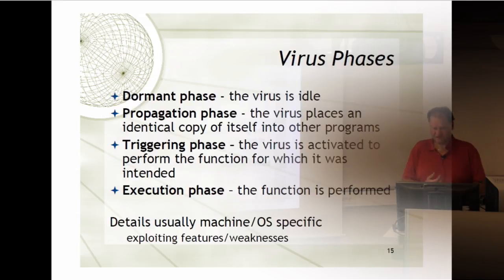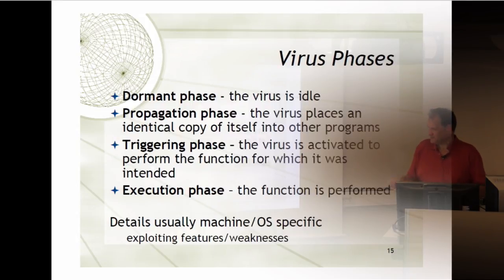And then we have a triggering phase. These phases can overlap, so the virus can continue to spread while it's also in the triggering phase. It depends a little bit on the virus. But in the triggering phase, the virus is activated. So something has triggered the virus to execute its payload, whatever it's carrying.